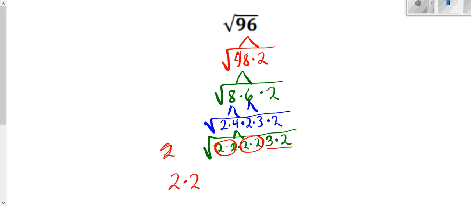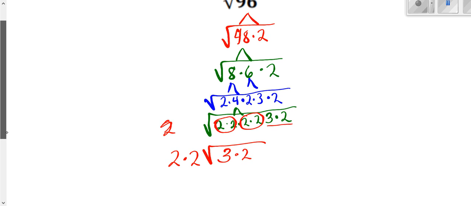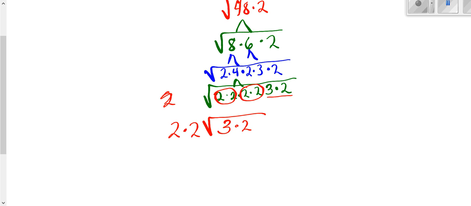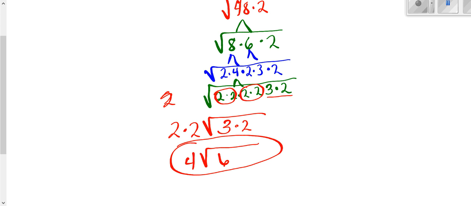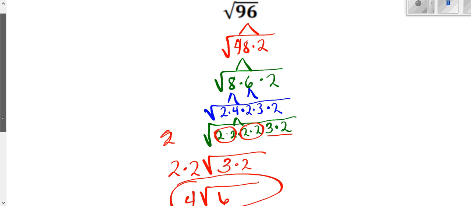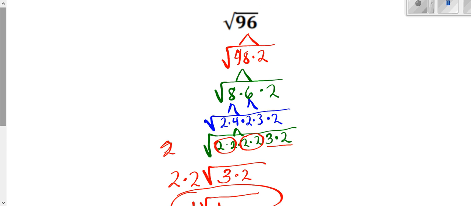And then I have a 3 and a 2 left inside. 3 times 2 inside. Okay, so on the outside that will become 4, and on the inside that will become 6. So 4 square root of 6. I bet you got there differently than me, and possibly faster than me, and that's perfectly fine. There's so many different ways to do it.